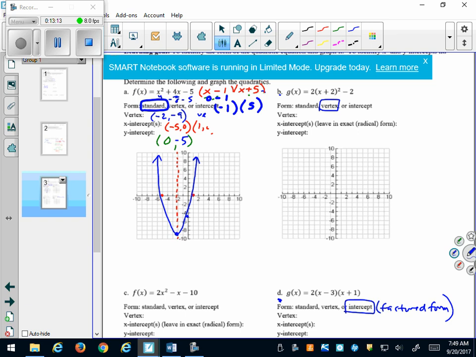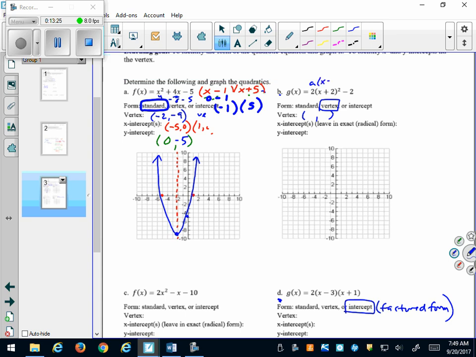Okay, so vertex form, you're going to use the equation to get the vertex. Remember, this is like a times (x minus h) squared plus k, where (h, k) is your vertex. So there's that little trick about the opposite sign in the parentheses, right?